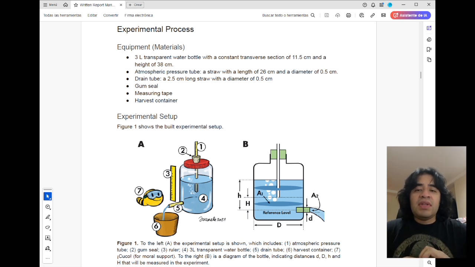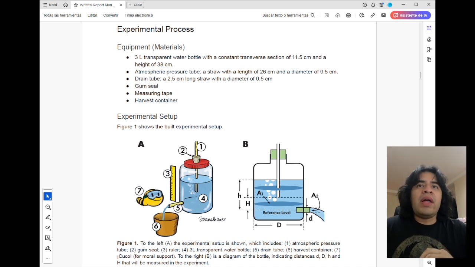Some of these components were switched to other elements that were easy to find. For example, the 3-liter bottle was switched for a soda bottle, and in the case of the atmospheric pressure tube and the drain tube, we used straws, and for the gum seal we used Plastiloca.